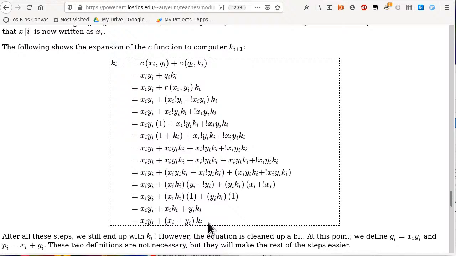You might argue that this is actually messier compared to the original thing over here. And it doesn't even solve the problem, because the problem is k of i plus 1. In order to calculate k of i plus 1, we need to rely on k of i, and this is why we have a carry ripple effect, because you have to compute k of i, and then you can compute k of i plus 1.